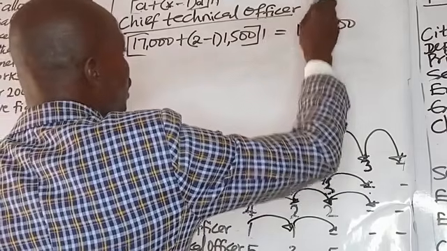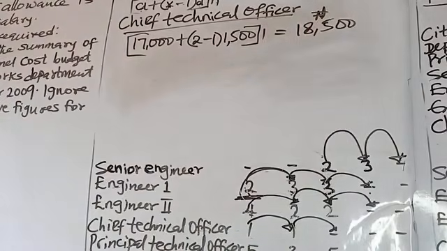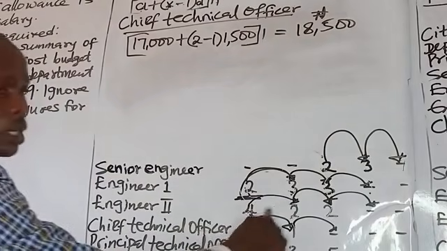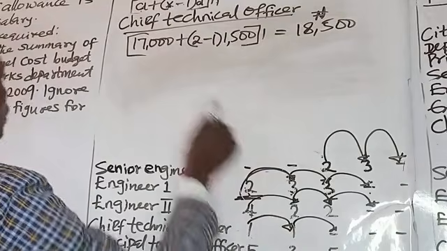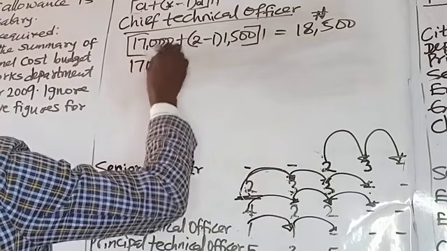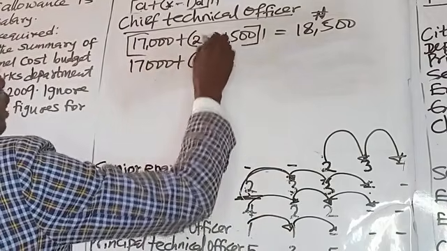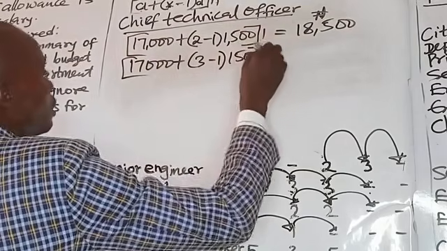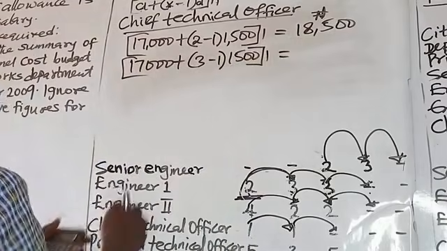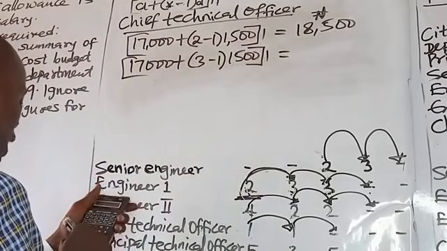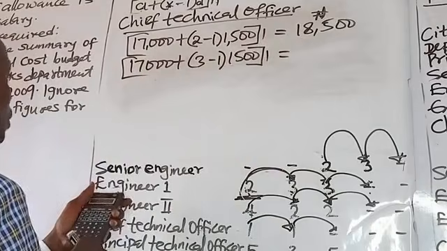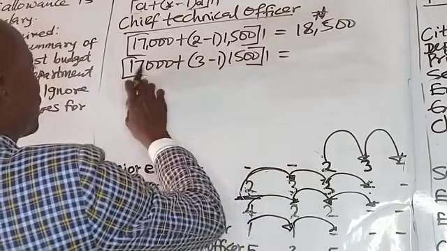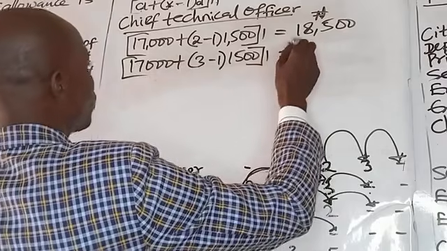That is 18,500. Let's equally calculate for the one person who was in step 2, who is now moving to step 3. So we have 17,000 plus 3 minus 1 into 1.5, and it's only one employee. So 3 minus 1, that is 2. 2 times 1,500, that is 3,000. 3,000 plus 17,000, that is 20,000.